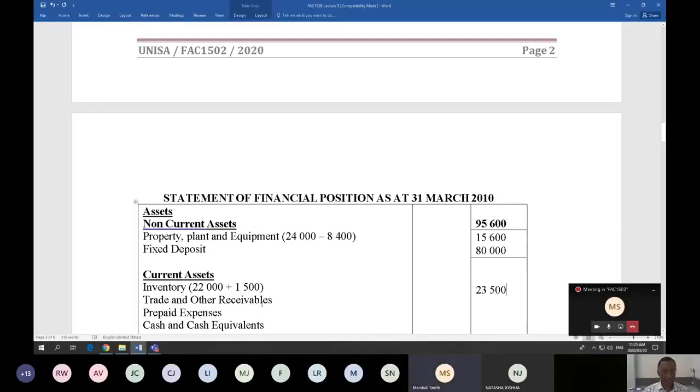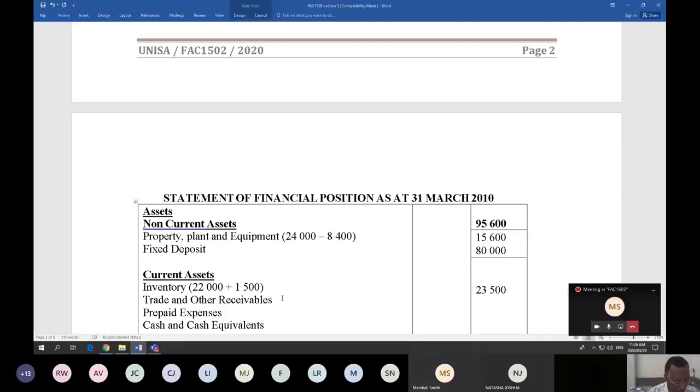Your trade and other receivables, which is our next category. Your trade and other receivables, guys, will be the amount of, if you go to your trial balance, you will see that your debtors control.